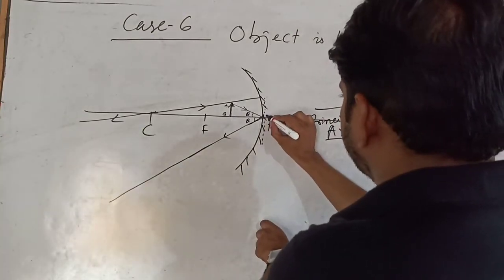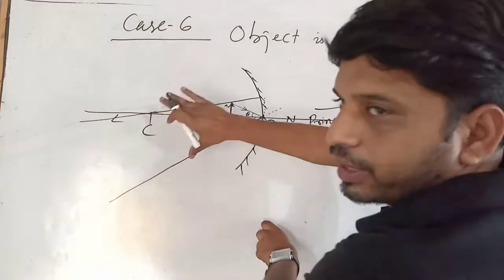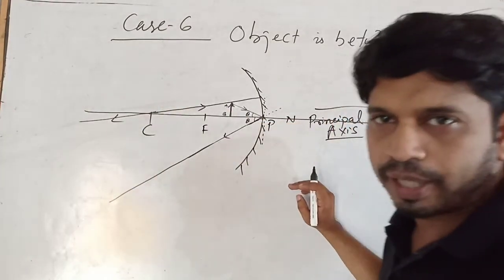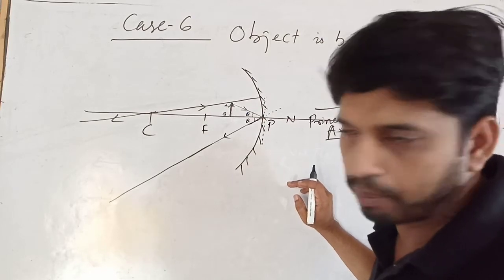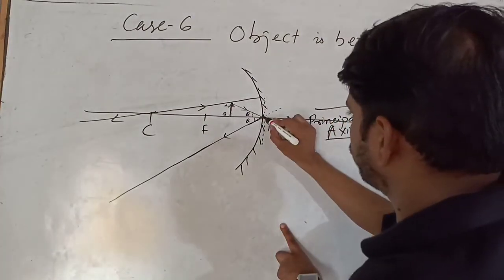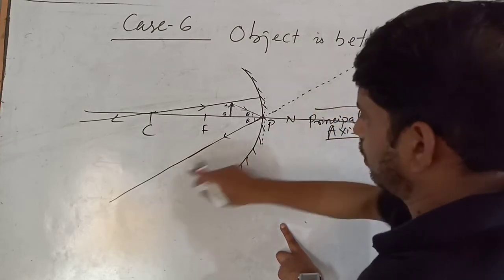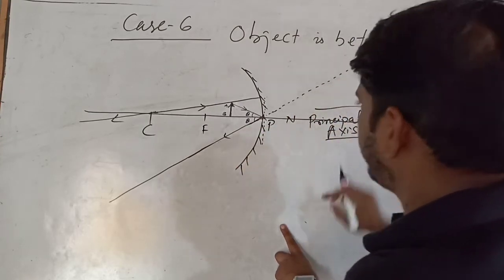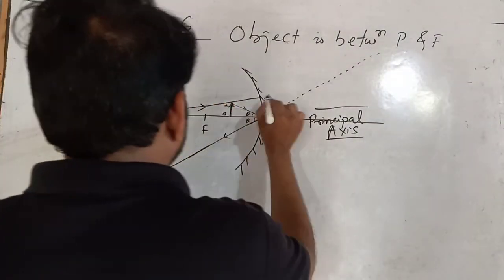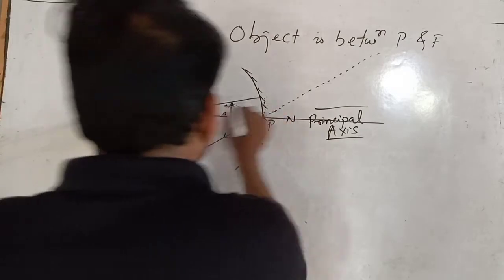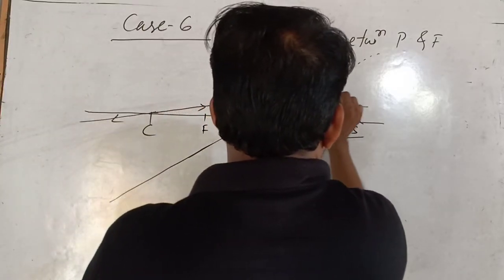If we produce these two, on this side they are not intersecting, but these two are non-parallel lines, and we know that non-parallel lines will meet somewhere compulsorily. Where they meet, they will produce this reflected ray behind the mirror. This reflected ray which is coming through C, we will produce it.